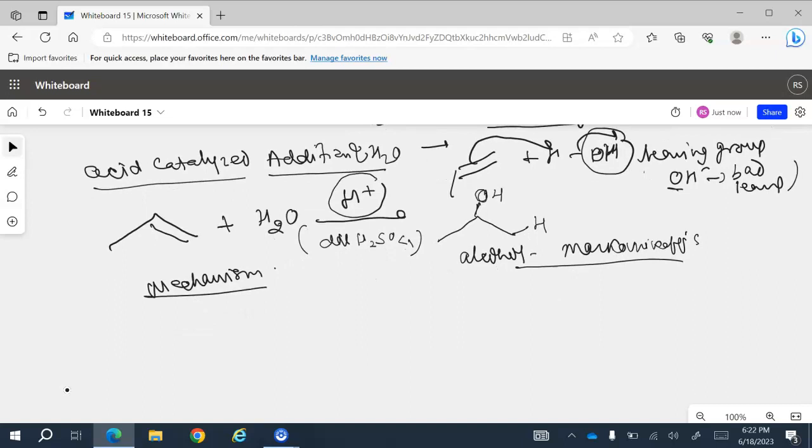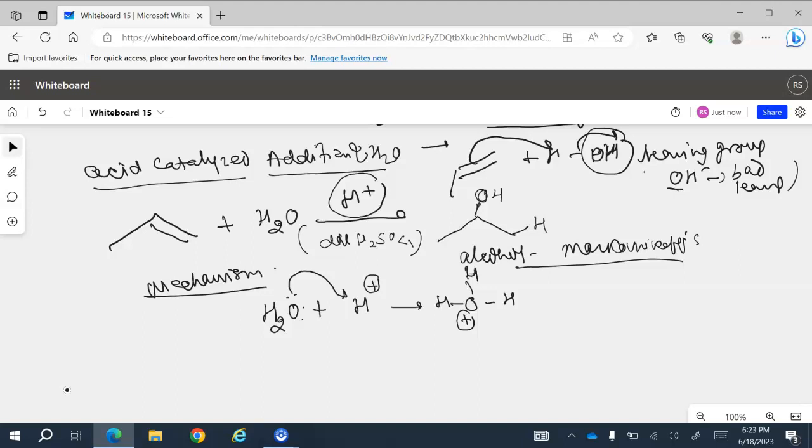First of all, in presence of acid, we can activate the water molecule. The water molecule will grab a hydrogen ion to form what we call the hydronium ion, H3O plus, and this can act as a strong electrophile to add across the double bond.